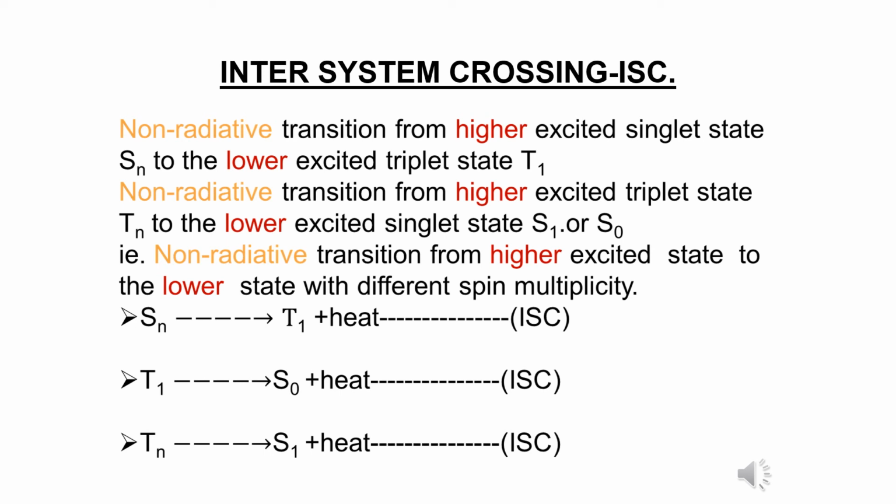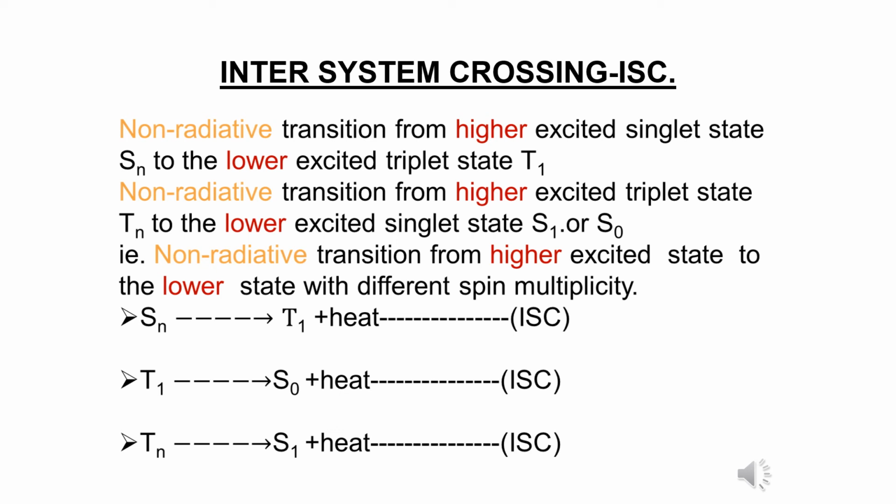That is Sn to T1 with the liberation of heat, that is ISC, or T1 to S0 with the liberation of heat, that is also ISC, or Tn to S1 state with the liberation of heat, that is also ISC. Here Tn where n is greater than 1, that is T2 to S1 or T3 to S2, etc. So these are the intersystem crossing processes.